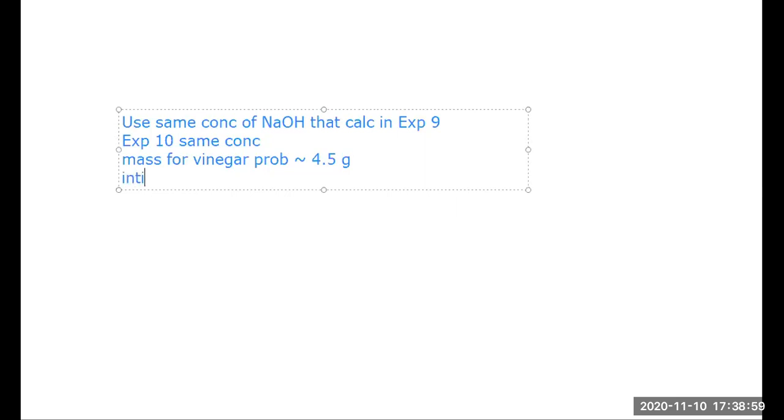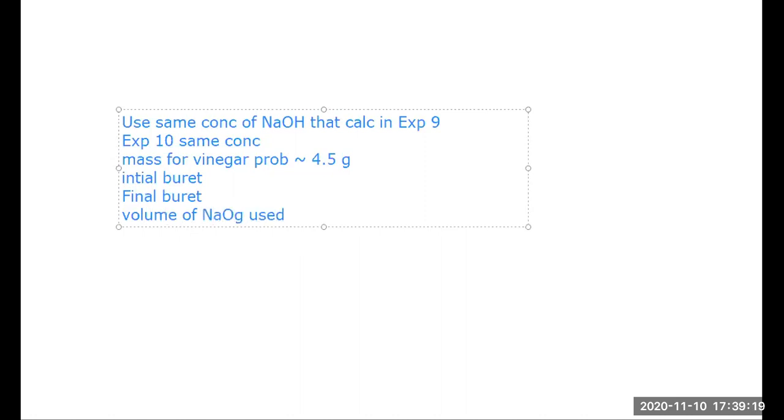So you will have an initial burette reading and you will have a final burette reading. So one of the things that it asks you is for volume of sodium hydroxide used. Actually, that's supposed to be an H, not a G. So that's going to be your final minus your initial.